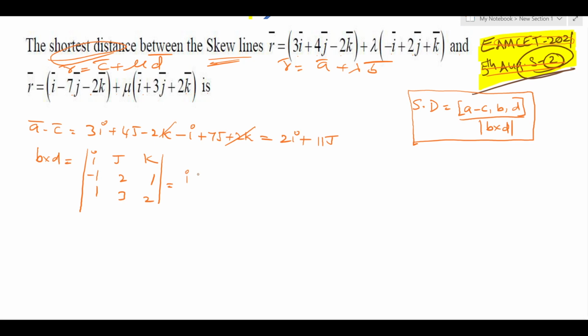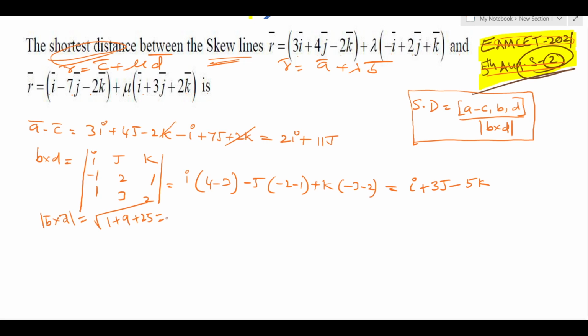So that is equal to i of 4 minus 3 minus j of minus 2 minus 1 plus k of minus 3 minus 2, that is equal to 4 minus 3 into i, that is i, plus 3j minus 5k. So modulus of b bar cross d bar is equal to under root of 1 plus 9 plus 25, that is equal to root 35.